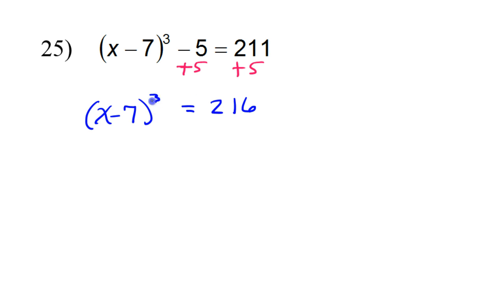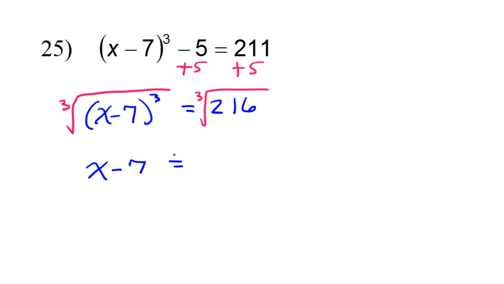Now, if I want to uncube this, I can take the cube root of both sides. Alright, so I'm going to do the cube root over here, and I will do the cube root over here. Now these will cancel each other out and just leave me with x minus 7.